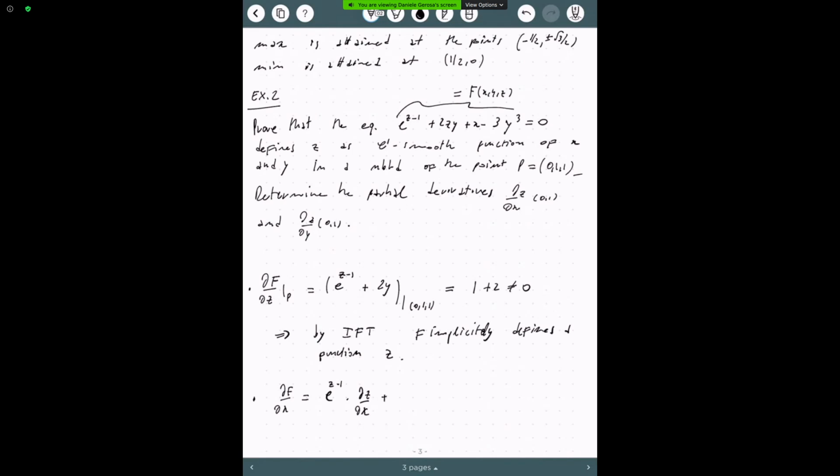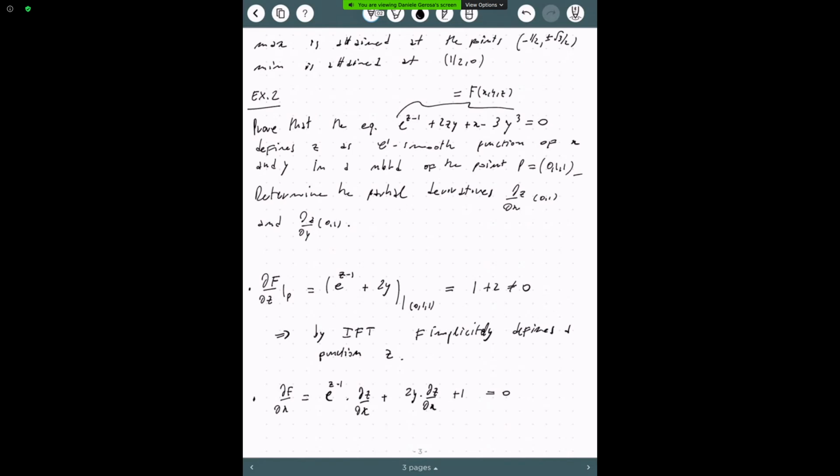And same thing here. We have 2y times the partial derivative with respect to x of z. And we have plus 1 because we are differentiating with respect to x. And then this is equal to 0 because the function f of x, y, z is constantly equal to 0.